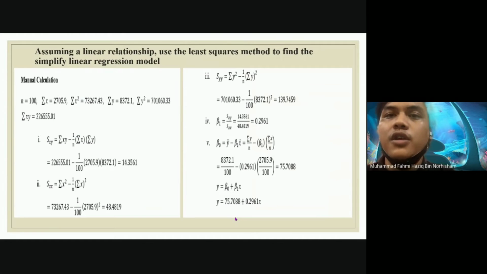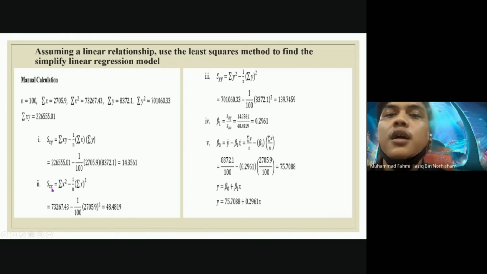Next, assuming the linear relationship, use the least square method to find the simplified linear regression model. For the manual calculation, to get Sxy, we use this formula and we get 14.3561.